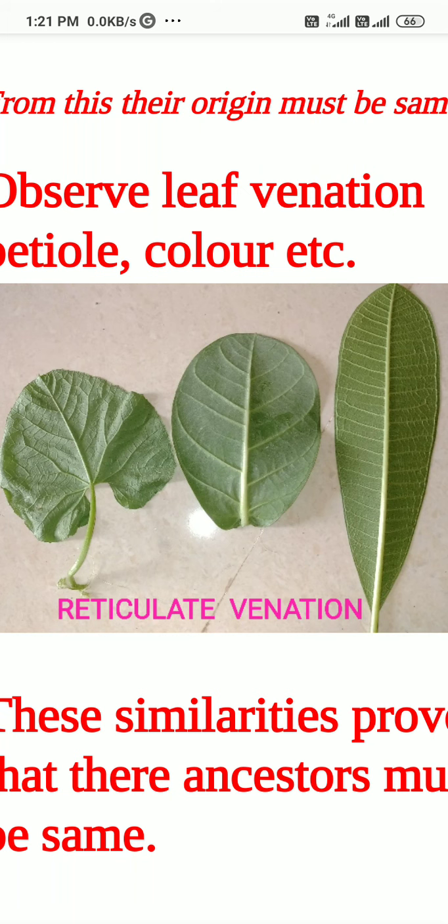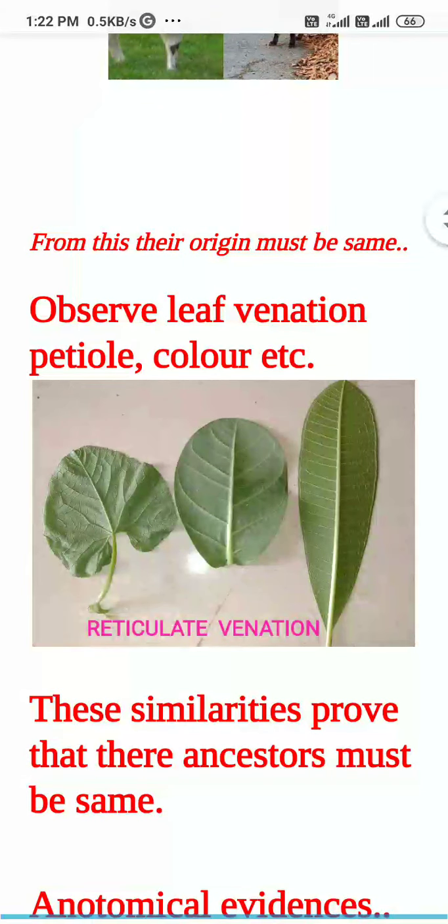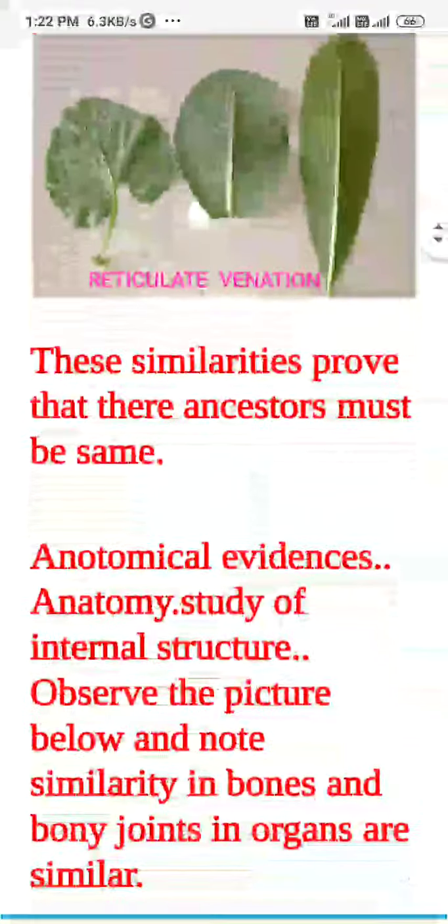You will observe that every leaf has a middle or main vein, and that vein has branches. So all these leaves have reticulate venation, and these similarities prove that their ancestor must be the same.